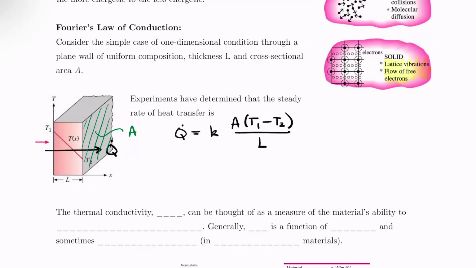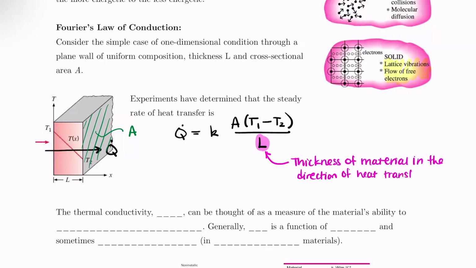Okay, where in this expression, L is the thickness of the material in the direction of heat transfer. A is our area through which the heat transfer occurs.